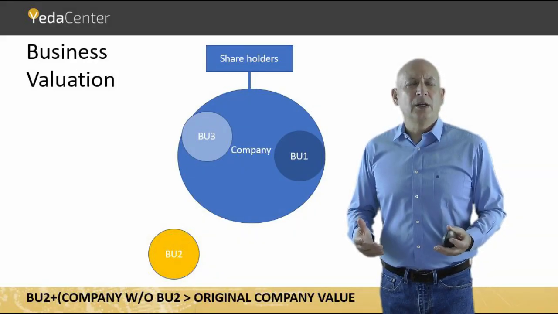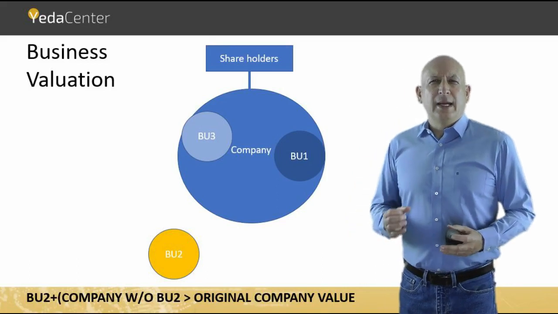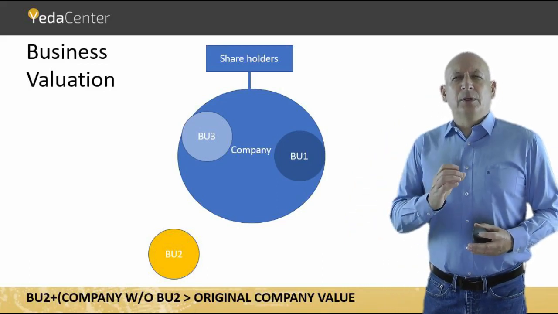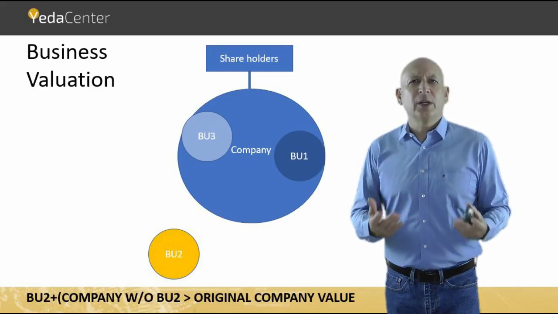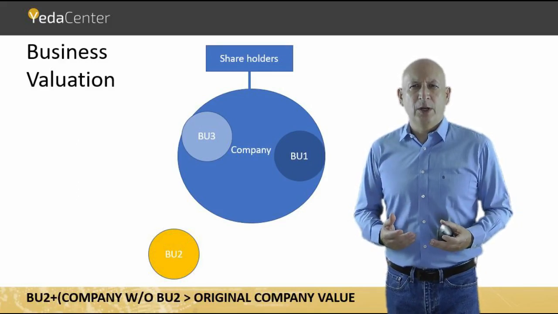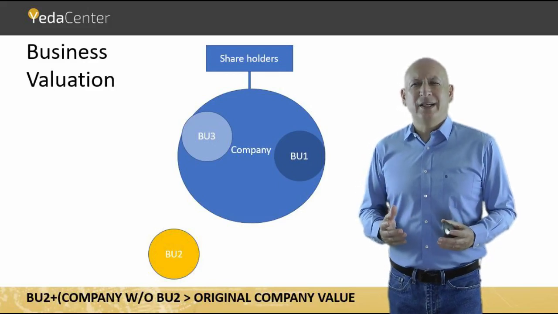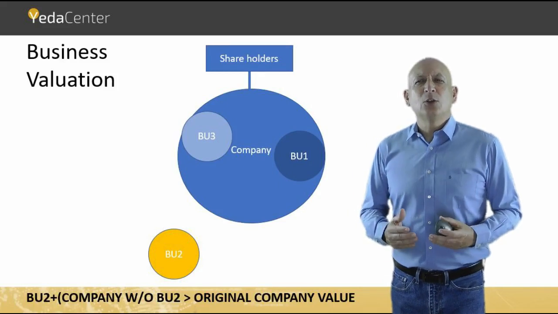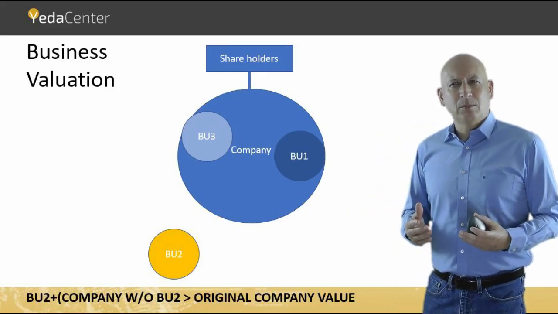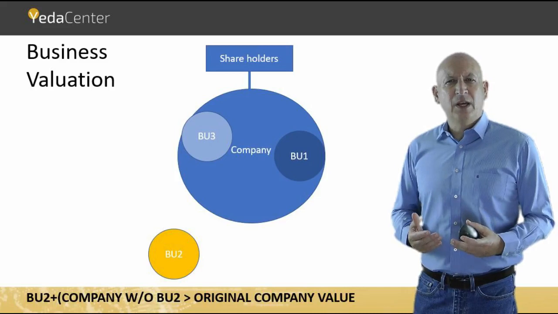Now, does this really work? It's simpler to follow such a process with public companies since we can monitor their valuation. In general, we can say that it is common for the stock price of the parent company to take an immediate dip following such a spin-off.